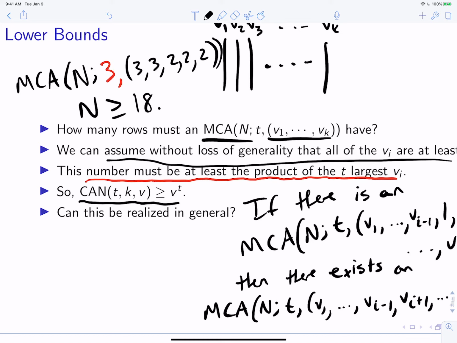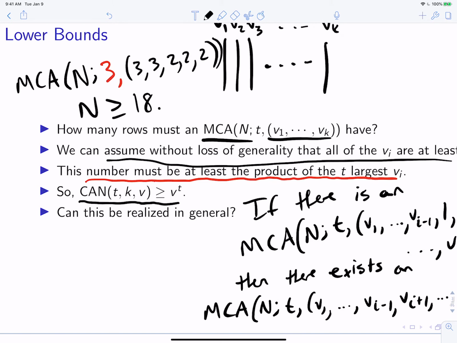Well, it's the exact same idea. Pick the t columns with the largest number of symbols. Well, doesn't every column have the same number in this case? I need more enthusiasm than just the one over here. More heads nodding? Okay.